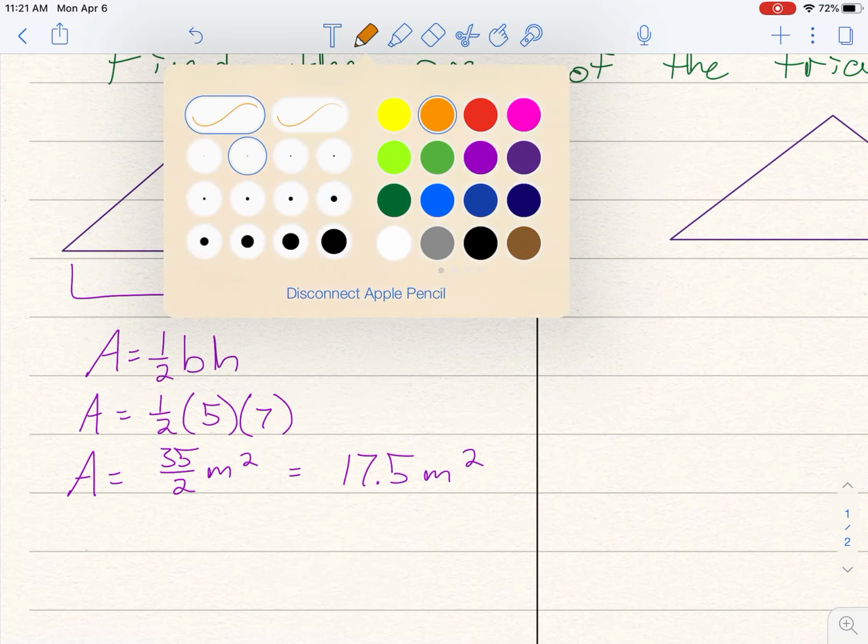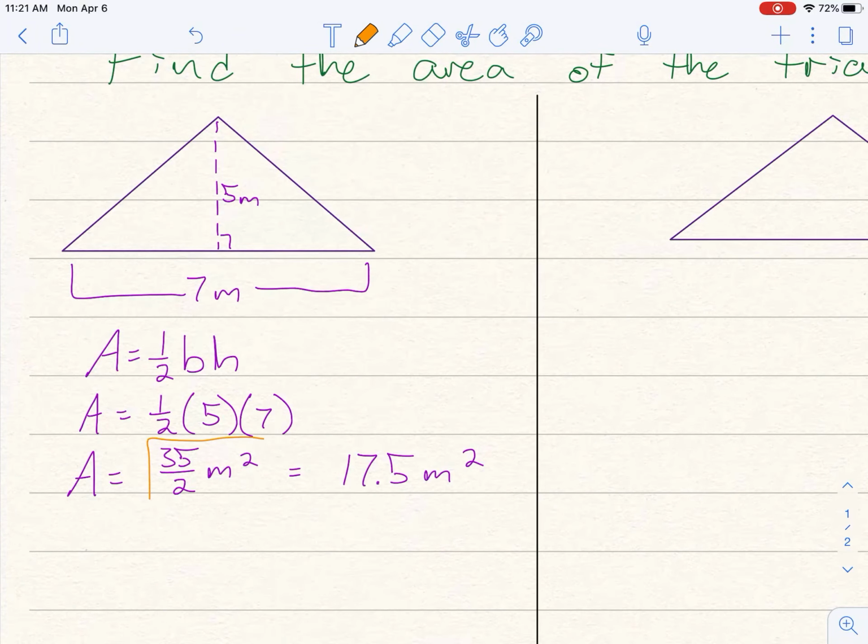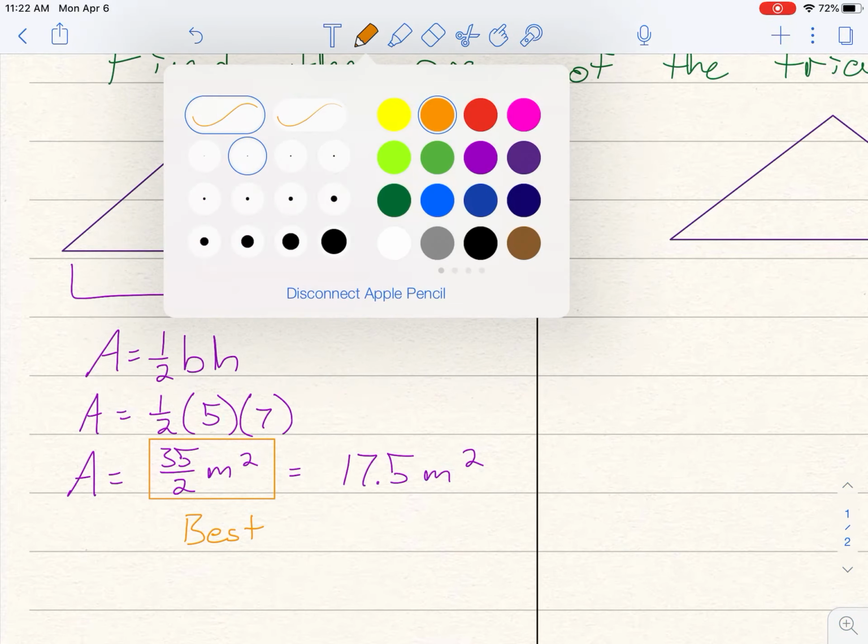Now, the reason that I am putting both of these as your answers is that this one here, the 35 over 2, is really the best, the reason being that it's the most precise. If this was over a different denominator, it could have a decimal that wouldn't be a nice decimal, so you would have to round it off.